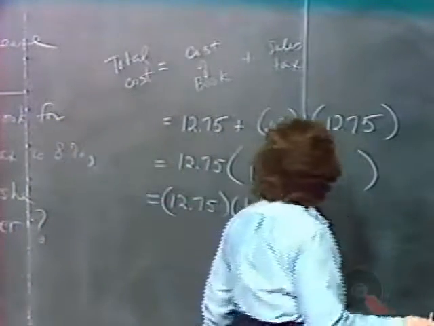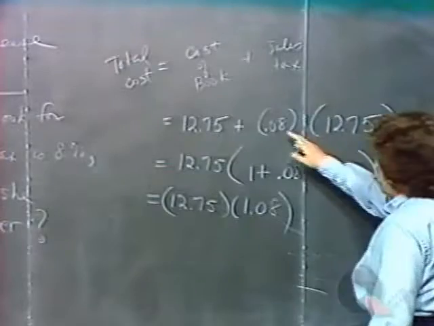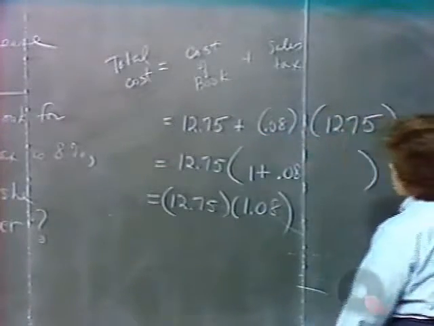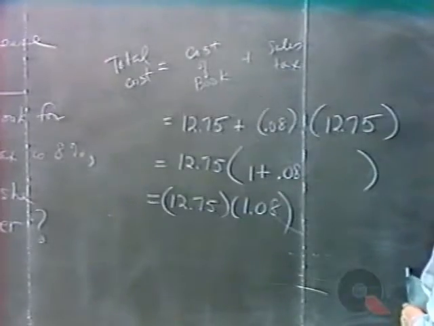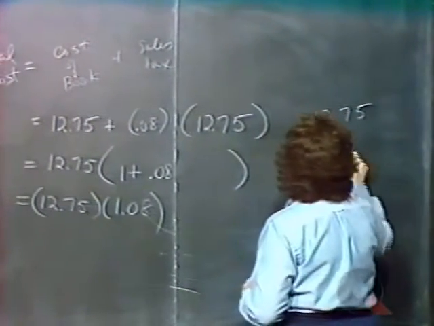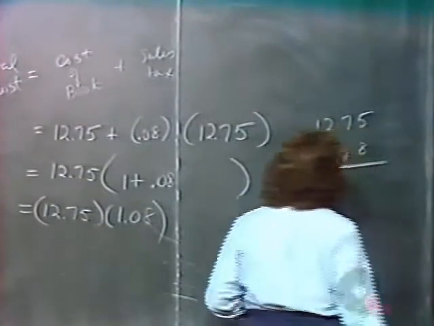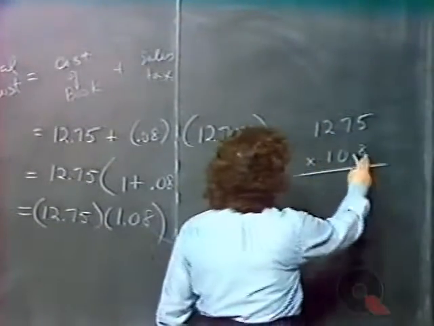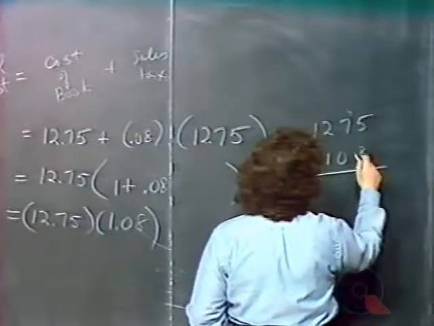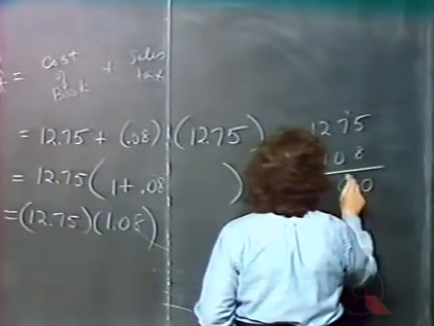Okay? Or you could work out the sales tax separately as 0.08 times 12.75 and add it to the 12.75. If we do it this way, 1275 times 108: 5 times 8 is 40, 7 times 8, 56, and 4, 60.